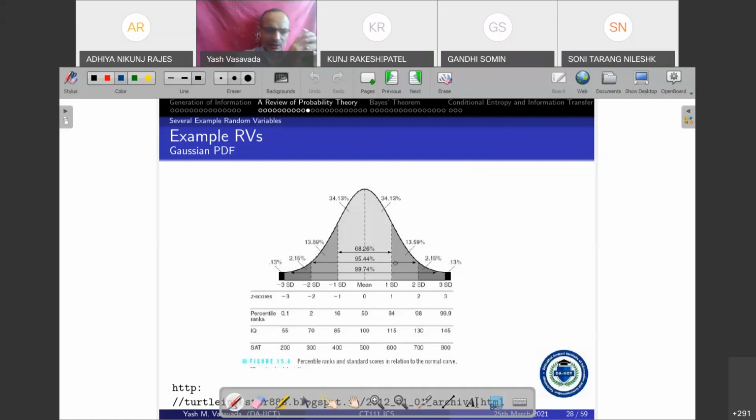This is something quite nice about the Gaussian PDF, that you can predict ahead of time, not the specific value that the variable will take, but the range over which the variable is most likely to be confined. I thought it's an informative diagram, so I took it from this website. It's something good for you to keep in mind and even memorize.